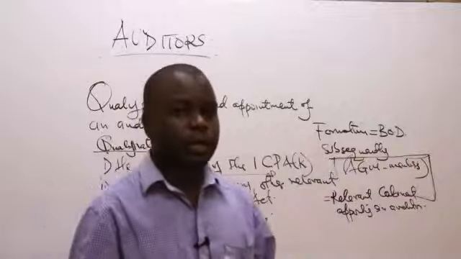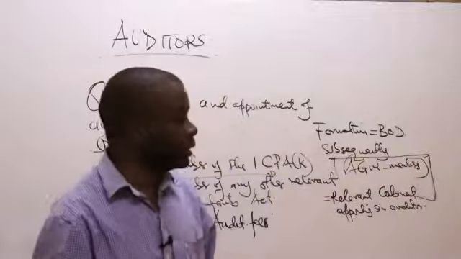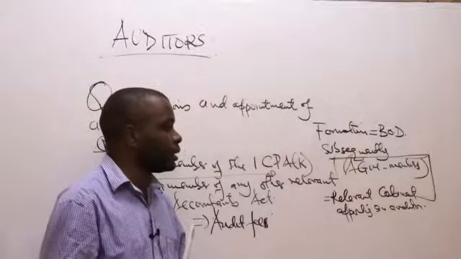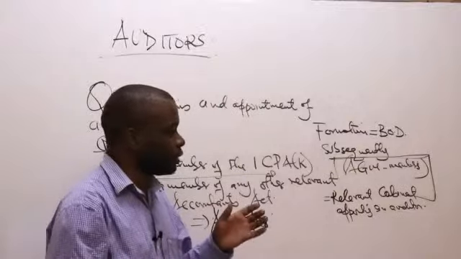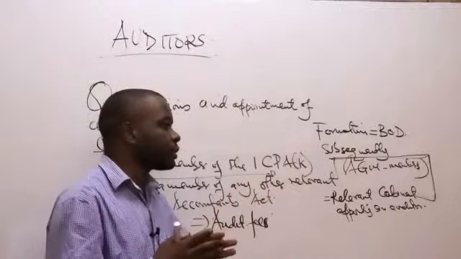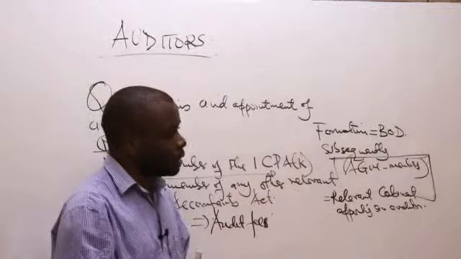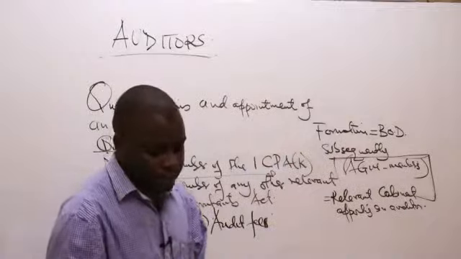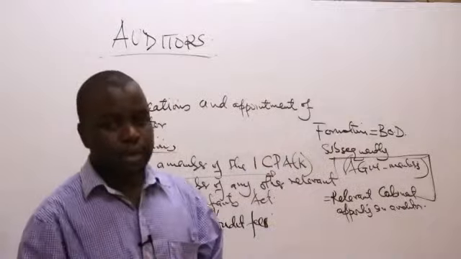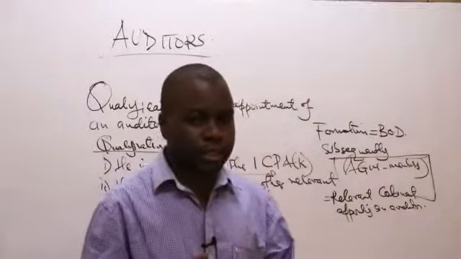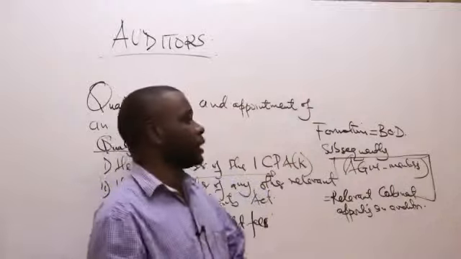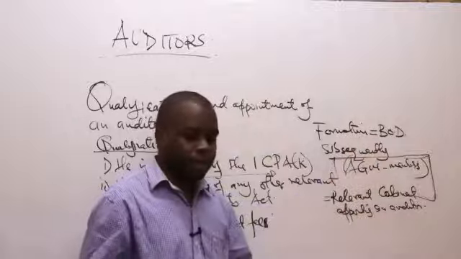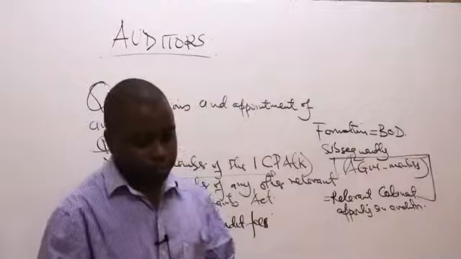Remember, the casual vacancy has arisen before the first AGM. So the directors are the ones who will appoint the auditor to serve until the end of the first AGM. If there is any casual vacancy in the office of the first auditor, it will be filled by the directors of the company.